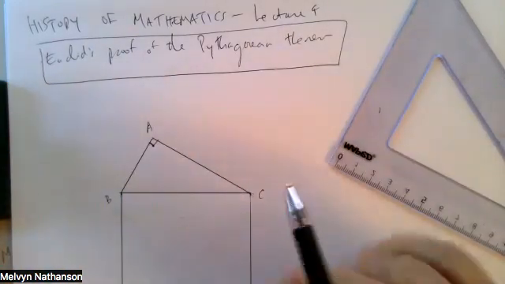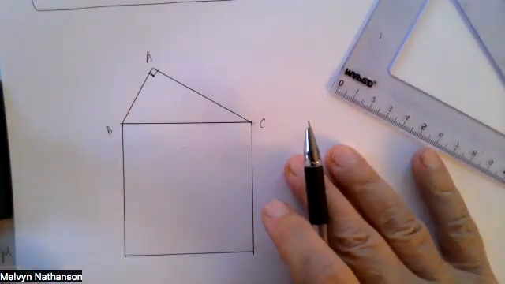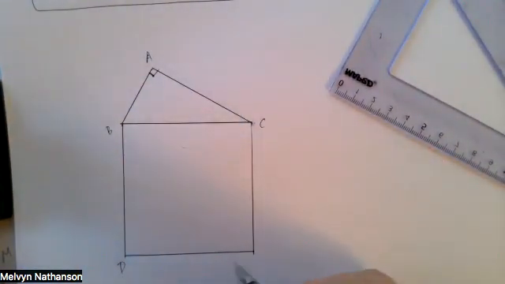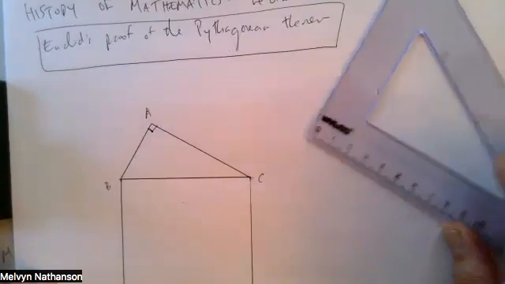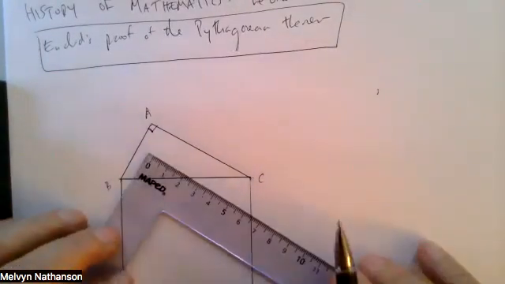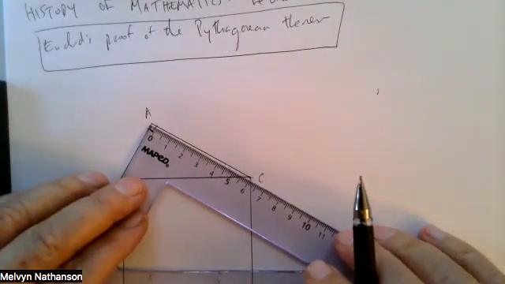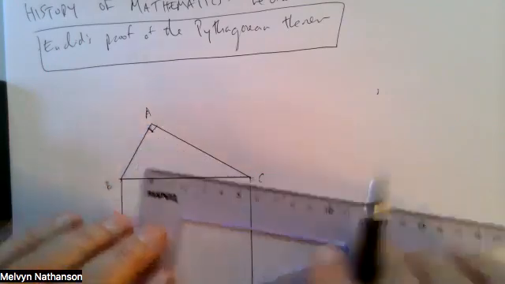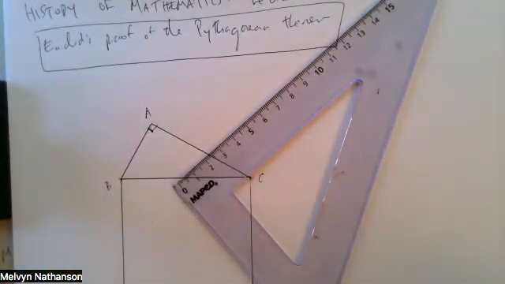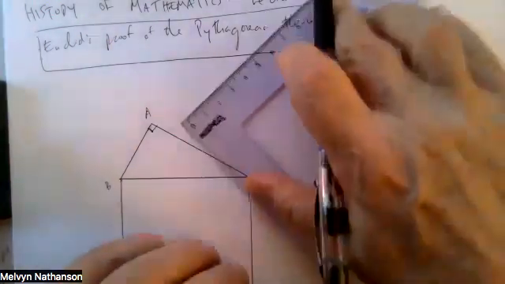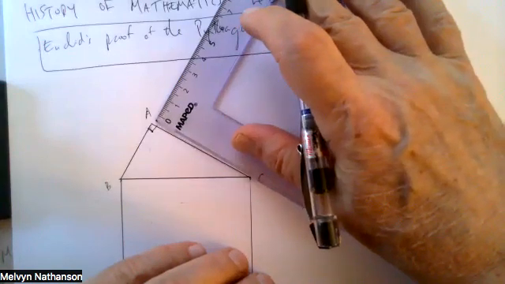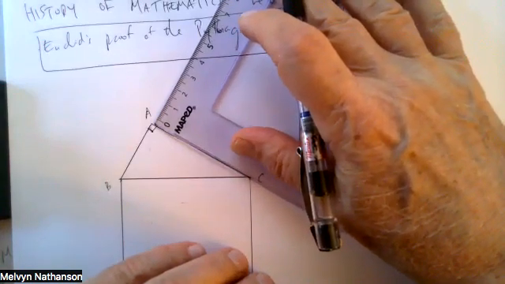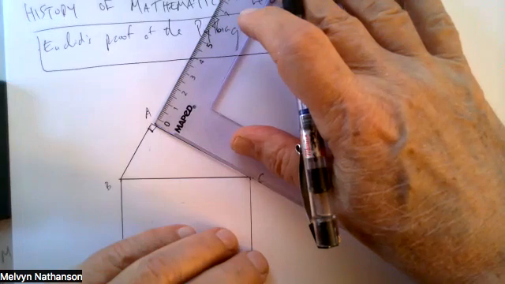So this is a square. Let me label this D and E. So this is the square on the hypotenuse. And let me also construct the squares on the two legs. Fortunately, I have a piece of plastic which has a right angle, so it's a little bit easier.